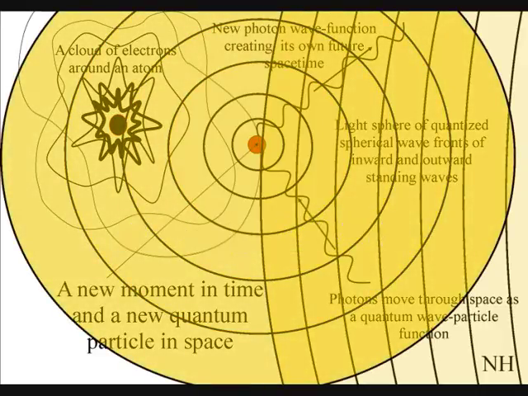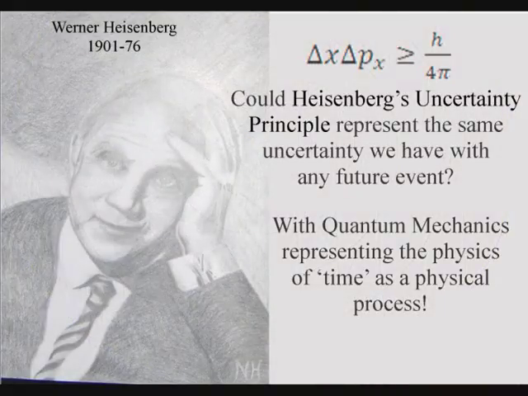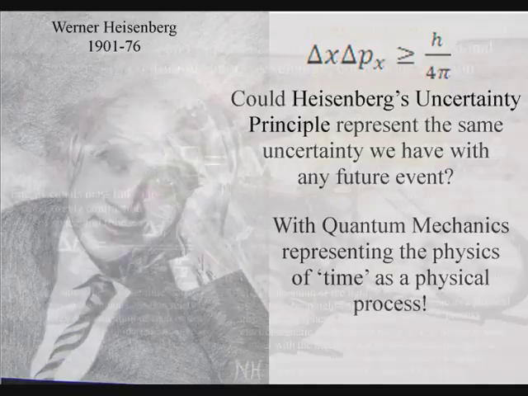At the smallest scale of this process, this geometry can be seen mathematically, with 4π representing a sphere, in the equation known as Heisenberg's uncertainty principle, representing the same uncertainty we have with any future event.